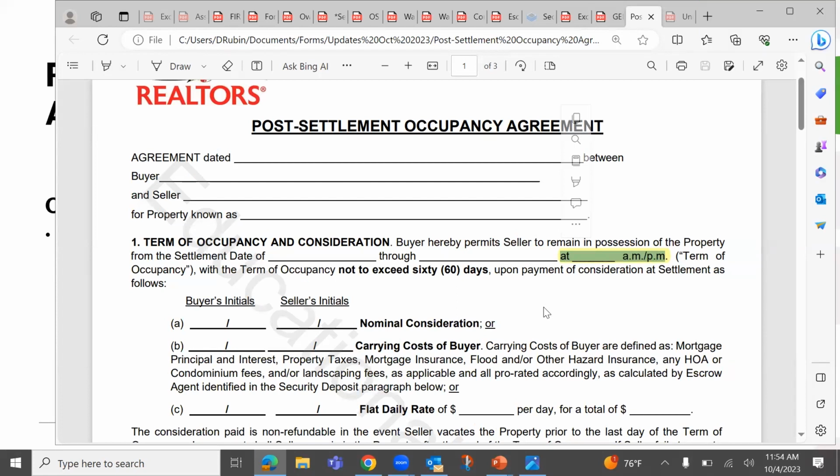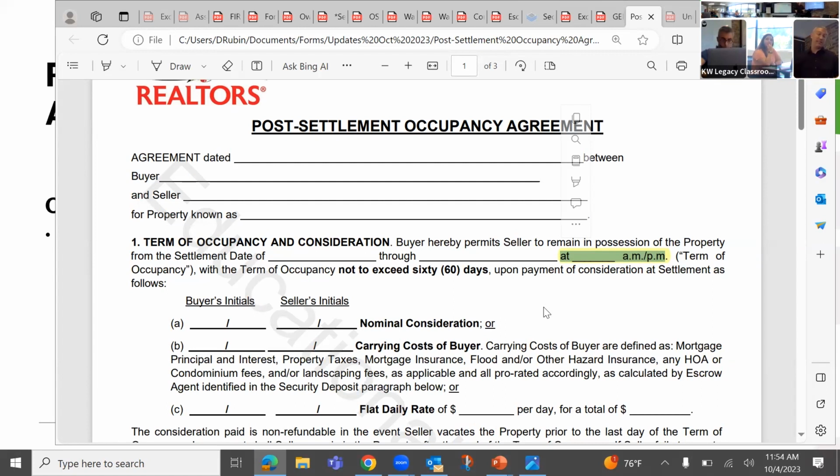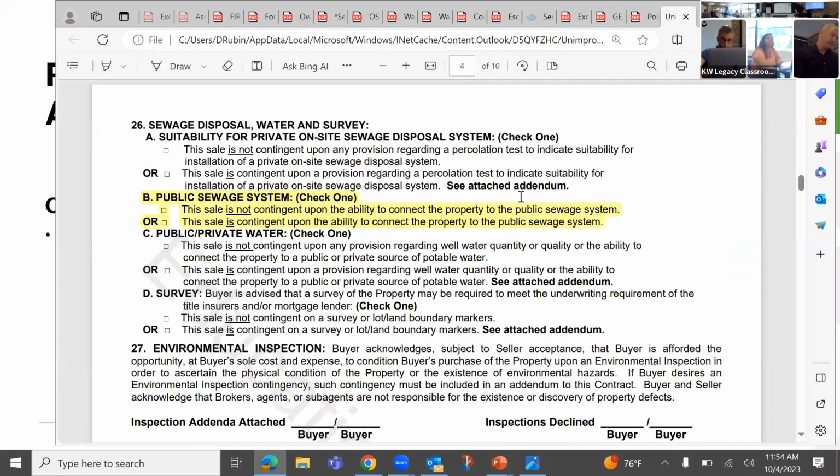So it's like, okay, I'm going to leave on the 5th. There's apparently a lot of back and forth, like where people schedule moving trucks and they're ready to move in at noon, but actually they thought they had until midnight. And since this is totally separate from the contract, there aren't really any definitions of what constitutes a day. So hopefully that will make people's lives a little bit easier.